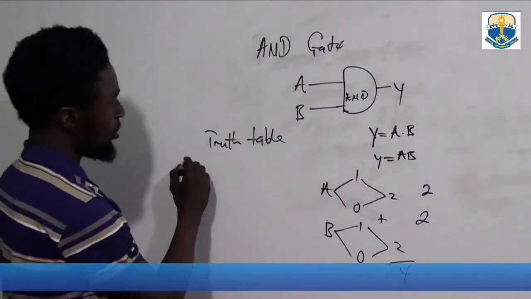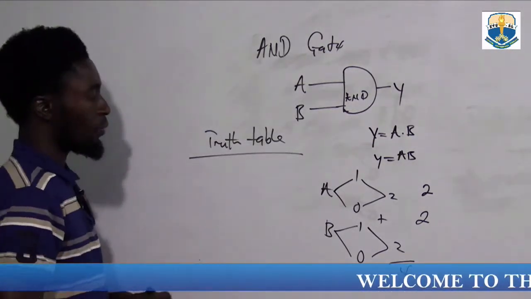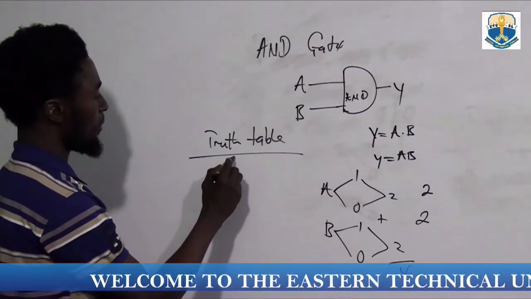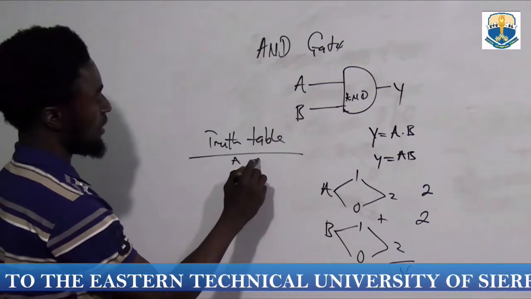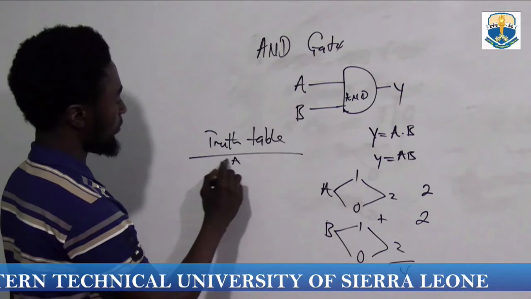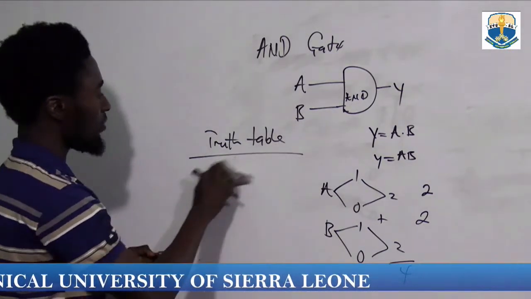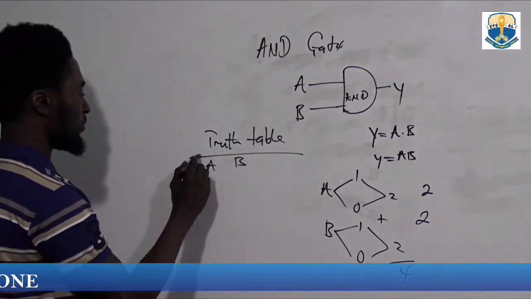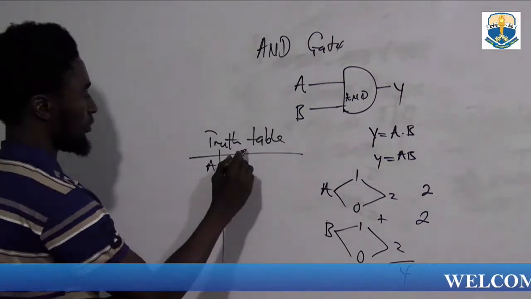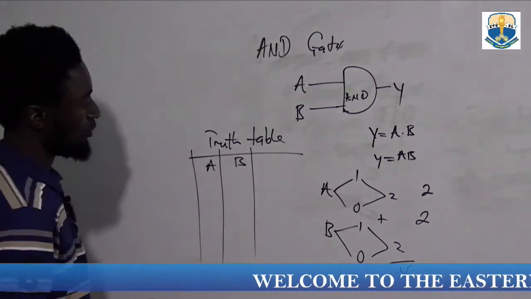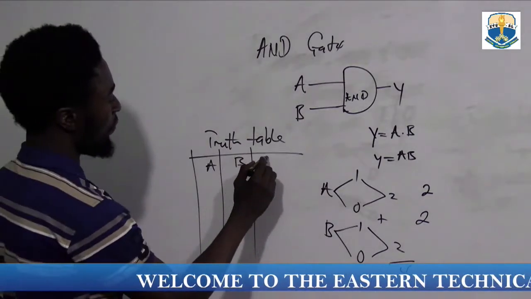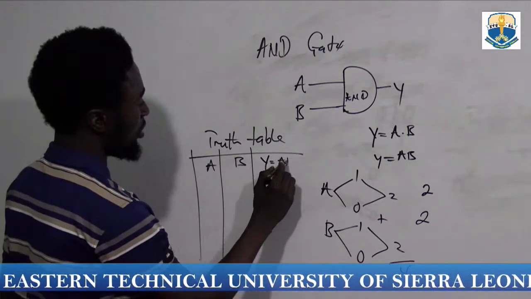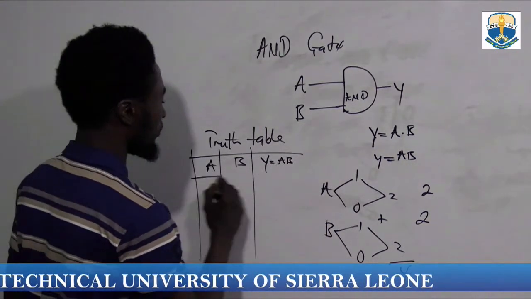Drawing our truth table, we are expecting input A and input B. We have input A and we have input B, and also we have Y to be our output. And our Y is equal to AB. That is what we have.